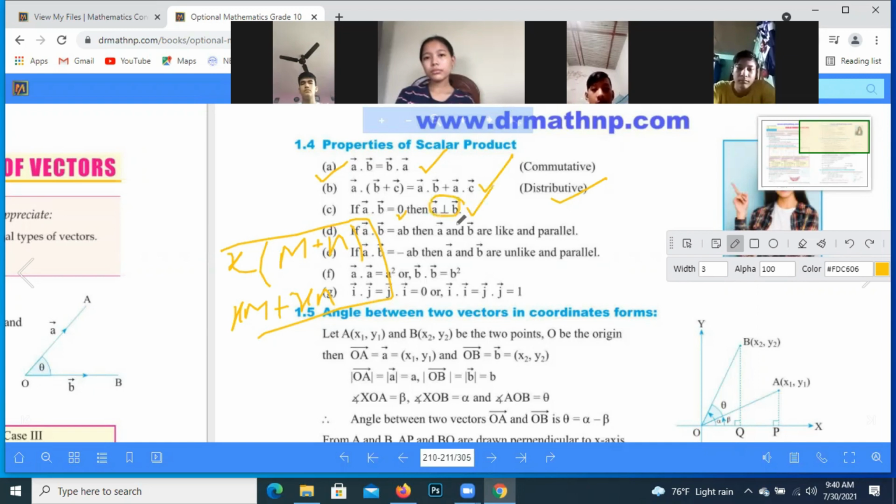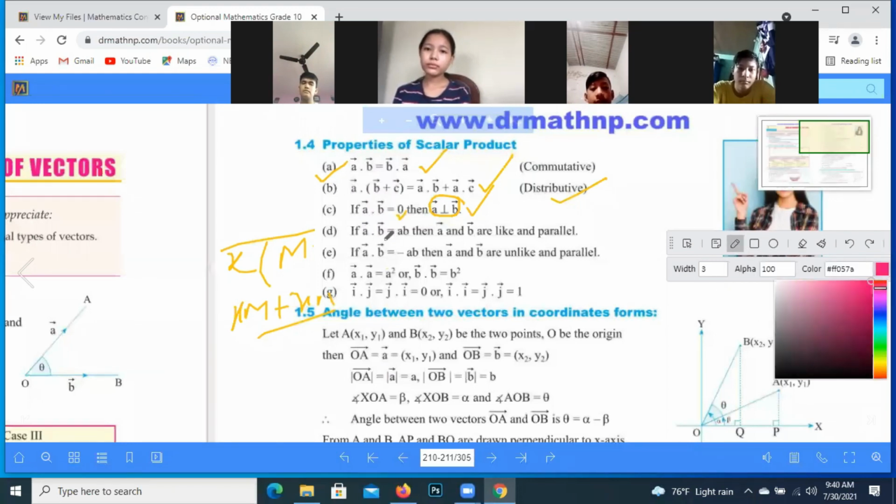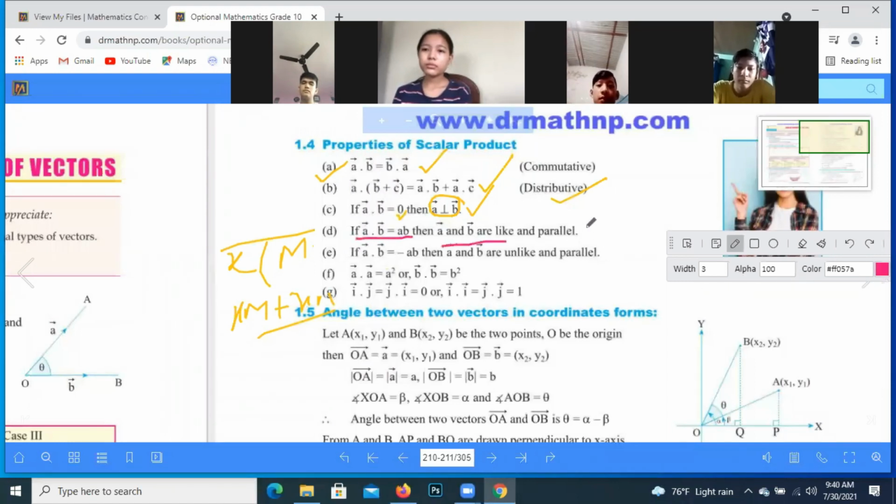Next, point c: if a vector dot b vector equals ab, it means a and b are parallel, when the angle between them is 0 degrees. In that situation only, their dot product is equal to the product of their magnitudes. If the product of their magnitudes is -1 in the same case, then they are unlike but parallel. We already studied these things.